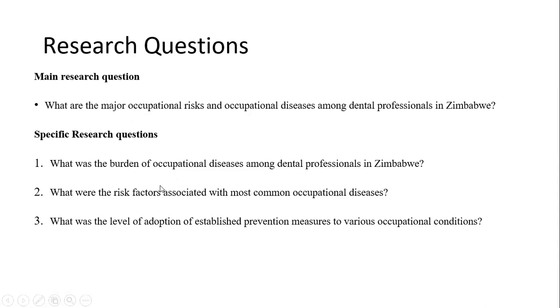Key among them, to establish the burden of occupational diseases, the risk factors, and we also wanted to explore to what extent the local professionals have adopted prevention measures that are available for the various occupational conditions.